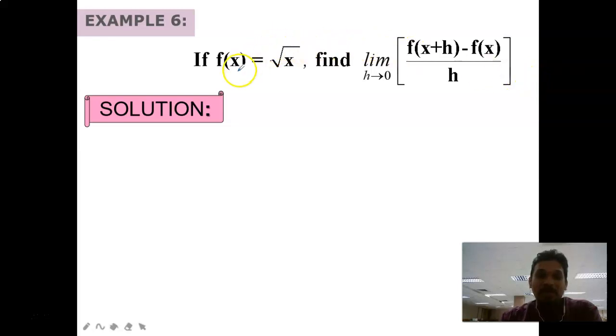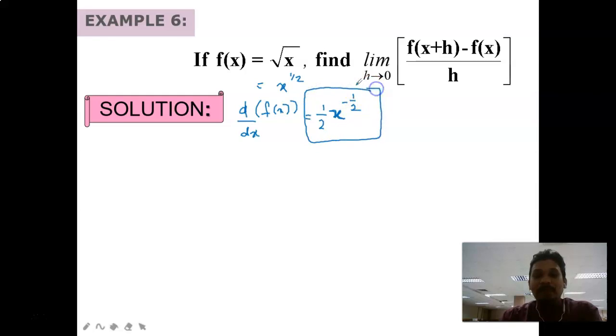So if f(x) equals square root of x, or x to the power of 1 over 2, then differentiating the function f(x) with respect to x equals half, bring the power in front, half x to the power of half minus 1, and that gives us negative 1 over 2. So this is the final answer that we should get at the end of this question.